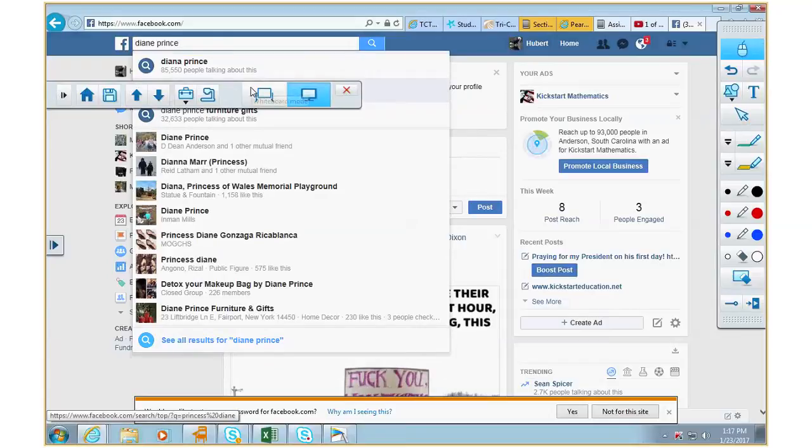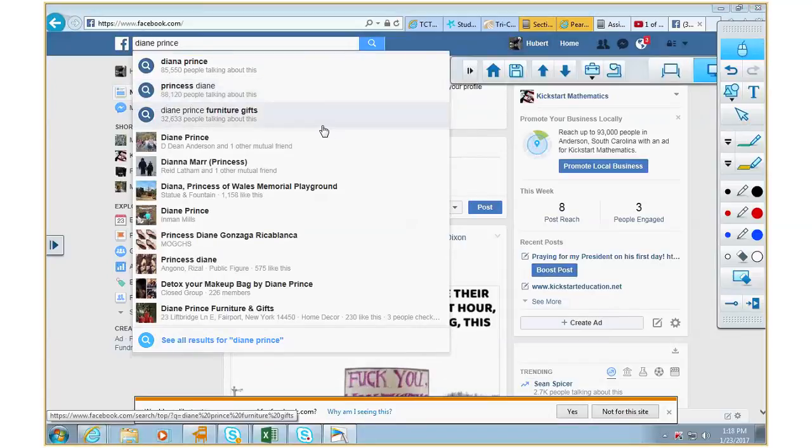No sneezing in class. There it is. There's 2 of them in Anderson. This one's one I know, mutual friend. This one's got a mutual friend.